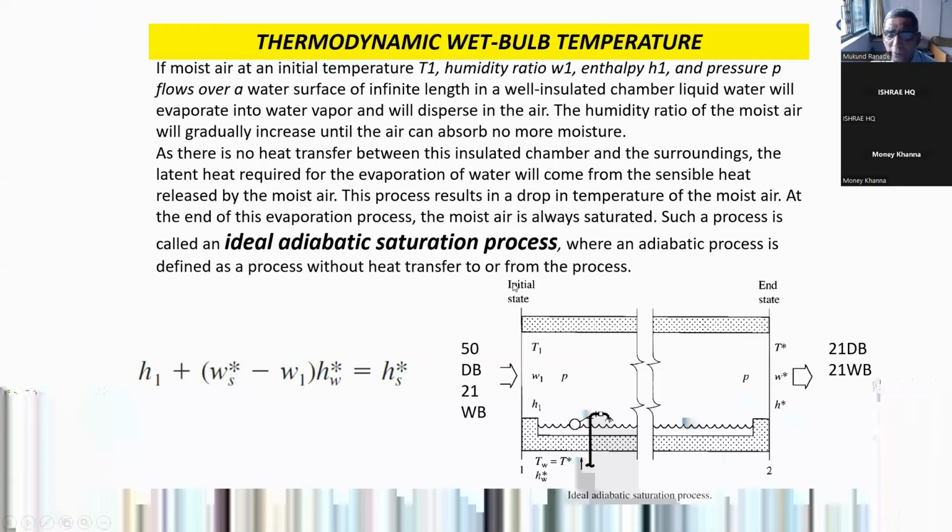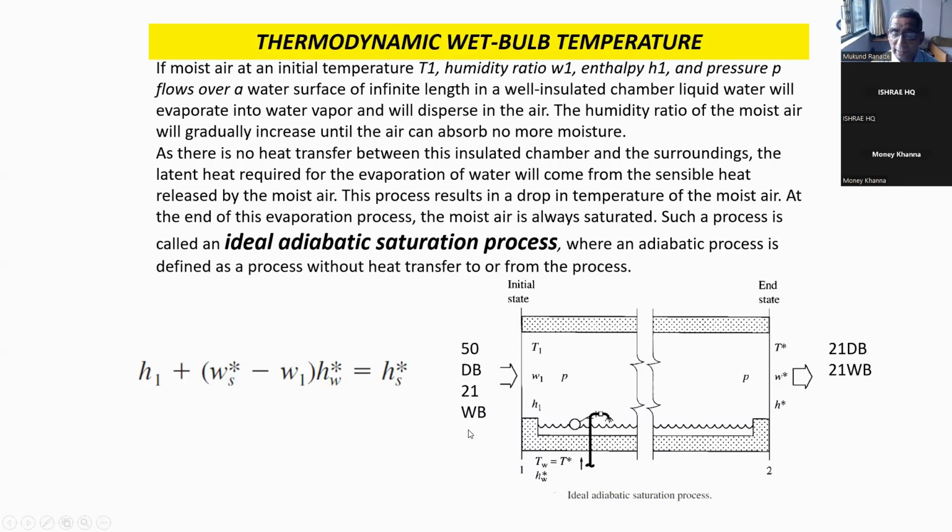You know the thermodynamic wet bulb temperature: if I take some unsaturated air and pass it through an infinitely long tunnel, which is completely insulated, with water spread over it, the length is so high that at the end the air is completely saturated, so the dry bulb and wet bulb are the same.